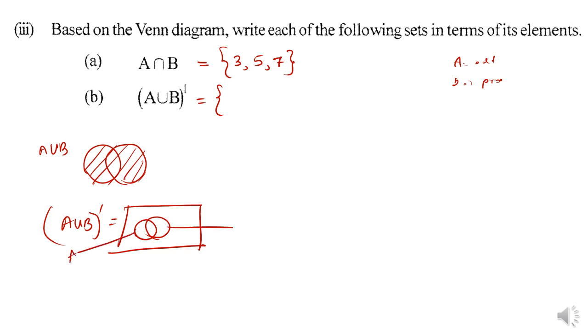A union B dash is these. So in this case you get 4, 6, 8 and 10. You can go back to the video and rewind, and you will see this Venn diagram I drew, and then you will find these elements are present in this specific area.